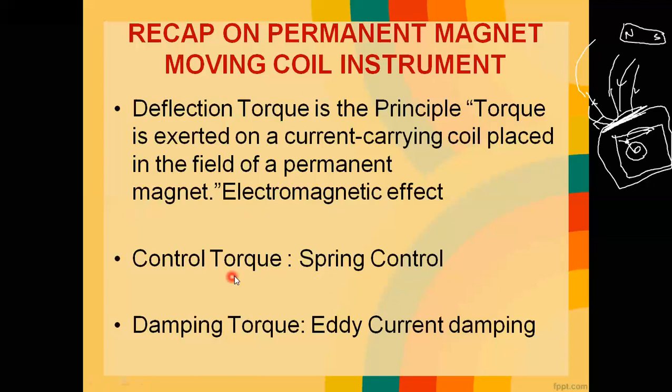Coming to the controlling torque in moving coil instrument, spring control is used. This spring serves two purposes. One is to produce control torque, and another one is to complete the electrical circuit. This spring will conduct and it will complete the electrical circuit.